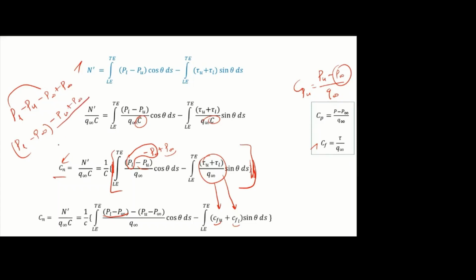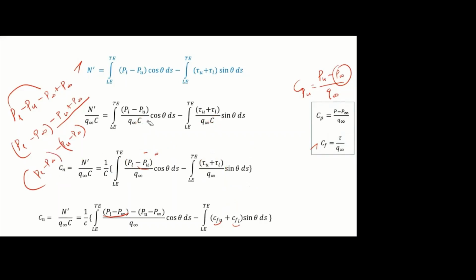And from this term, take minus outside. Then you will get Pu minus P infinity. Is that clear? Yes, sir. Okay. So now I have two terms, PL minus P infinity, Pu minus P infinity. That I can write as CPL minus CPU. So this is CPL. This is CPU. That's it.